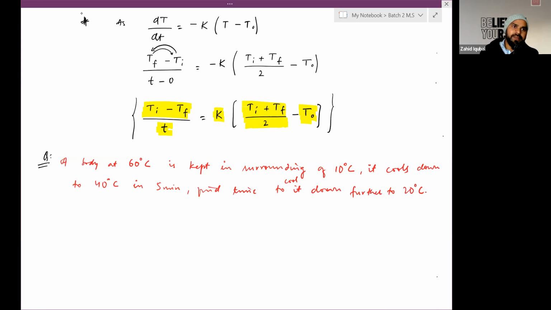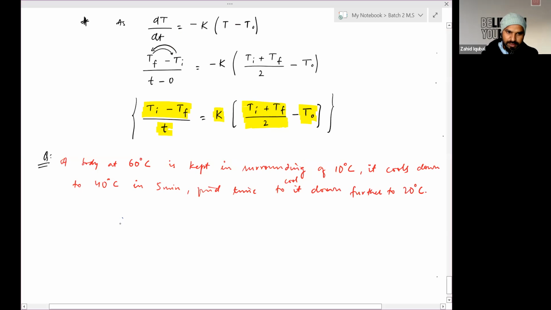So in this part, we have a body initially at 60 degrees Celsius, decreasing to 40 degrees Celsius, and further to 20 degrees Celsius. In the first part, time is 5 minutes. In the second part, time we have to calculate. Temperature of the surrounding is 10 degrees Celsius.